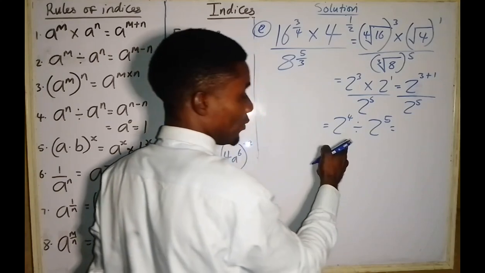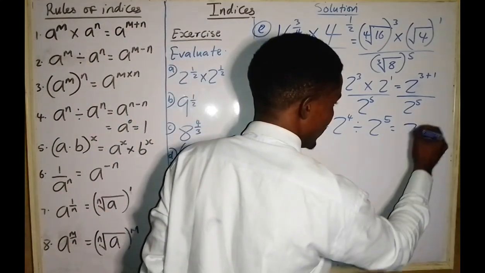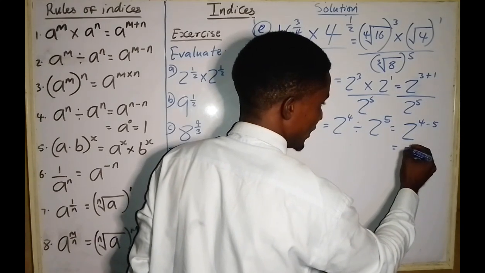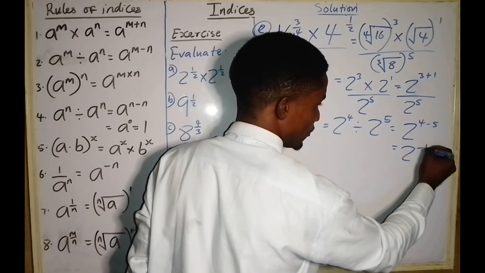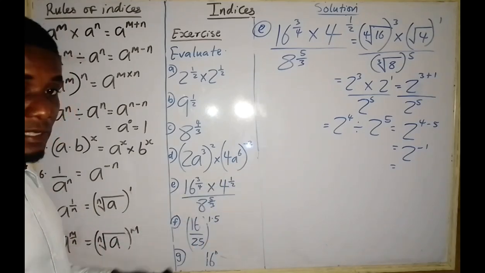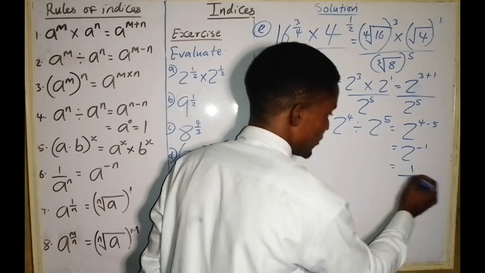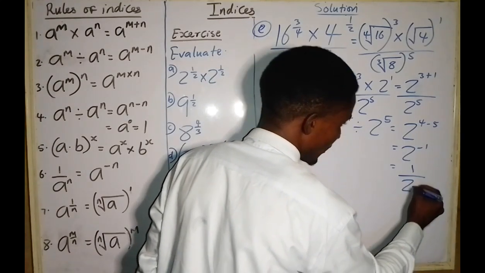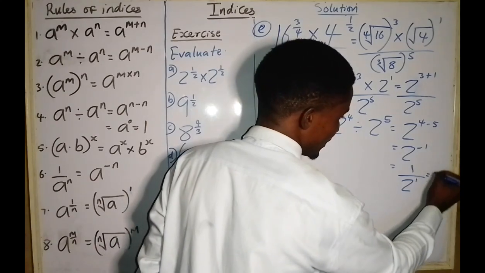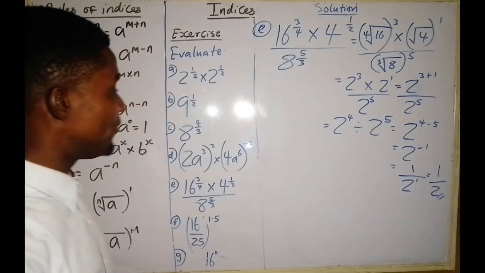Now, applying my division law, which is the quotient law, I'm going to be having 2 raised to the power of 4 minus 5. So my answer is going to be 2 raised to the power of minus 1. Now, for the 2 raised to the power of minus 1, that is the negative index law. So the negative index law can be expressed as the reciprocal of 2 raised to the power of 1, or you can express it as 1 over 2. That's our final answer for the fifth question.